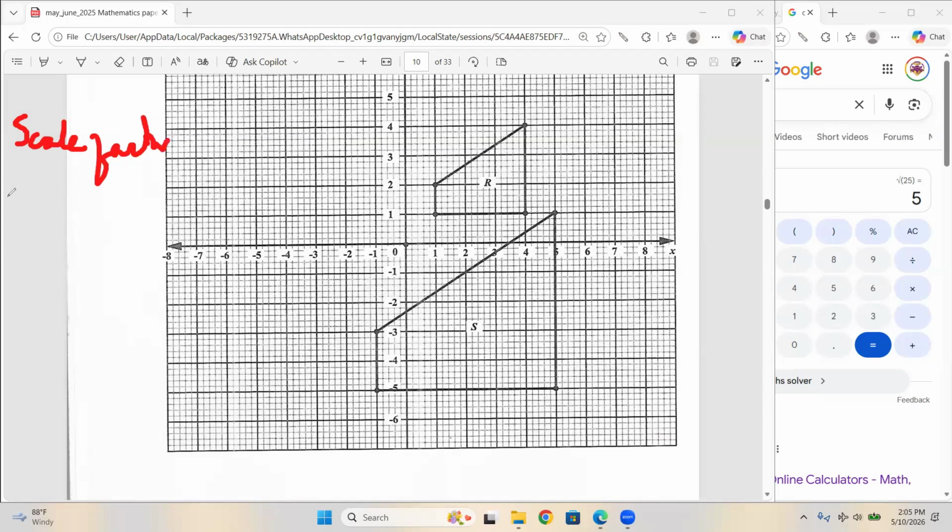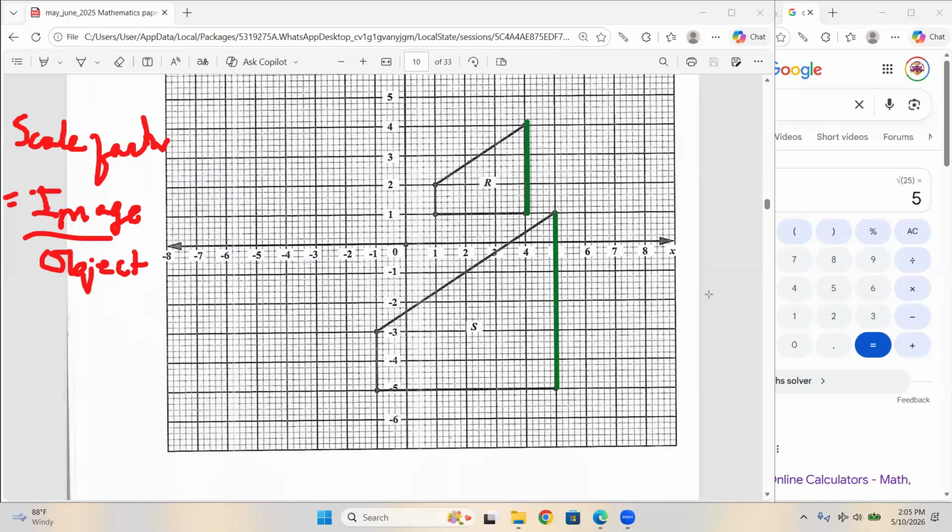With scale factor, all you need to do is take the image length, like one side of the image, divided by the same corresponding side of the object. The corresponding side is the side positioned the same way.